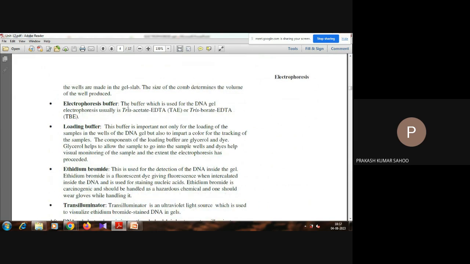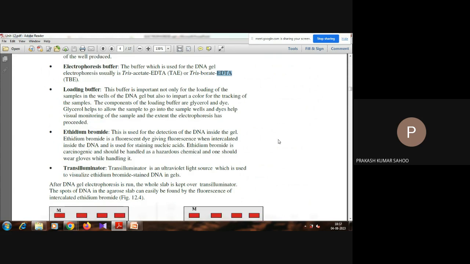Then electrophoresis buffer. This buffer used is triacetate EDTA, in short TAE, or triborate EDTA. EDTA stands for ethylenediamine tetraacetate ion, which is bonded to three units of borate or three units of acetate.